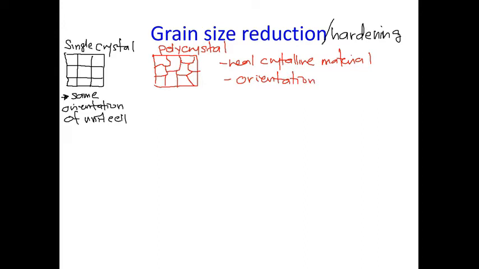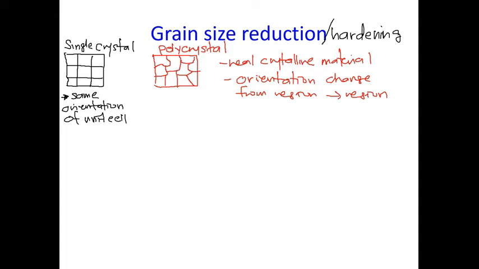The orientation of the unit cell changes from region to region. What I mean by from region to region is, as you can see, at your polycrystal structure. Where is my cursor? Okay, let's change the color.